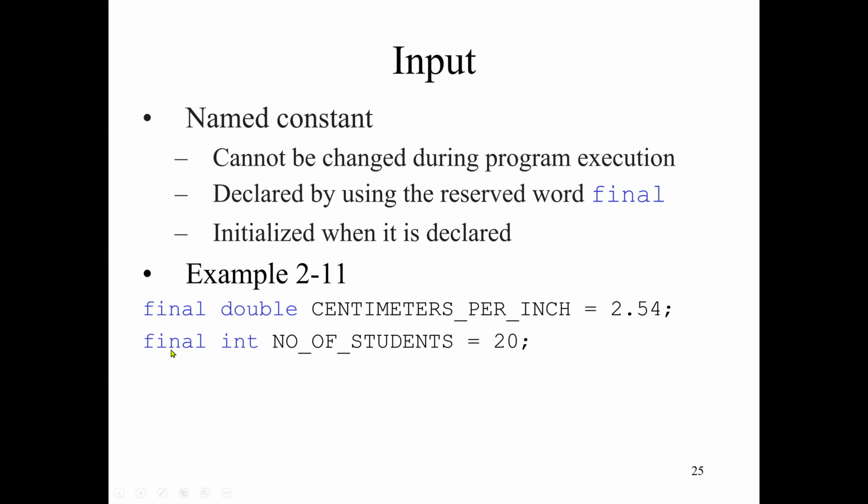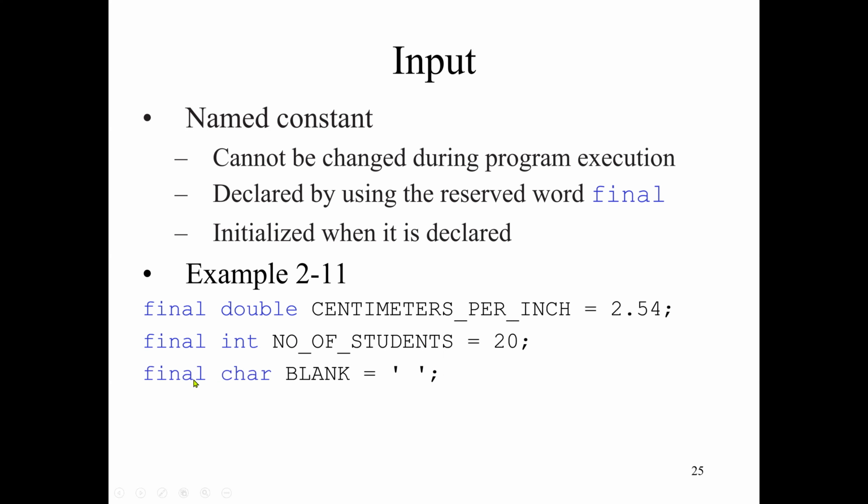Another example, final, the data type for the variable is int, the variable name is number of students, and we have it as 20. So the variable number of students is a constant variable, and the value is always 20. So we cannot change this value during the program execution.